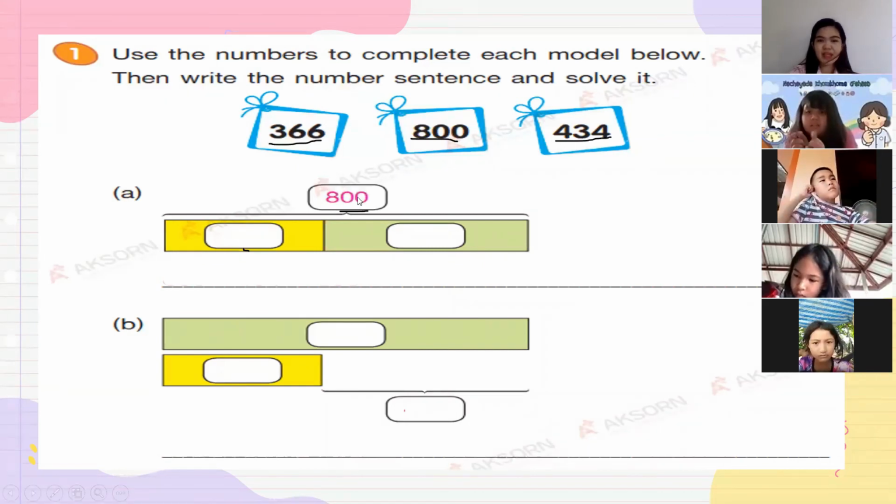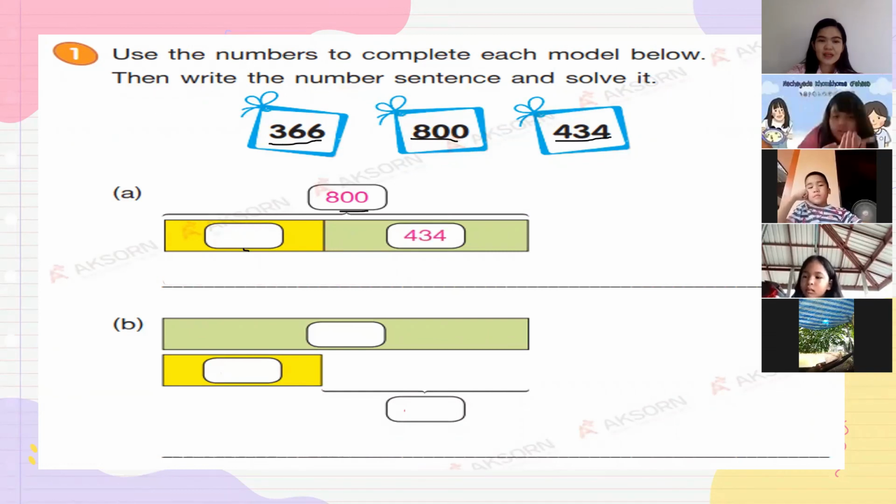Yes, very good. So you put 800 here since 800 is bigger than 434 and 366. So 800 minus 434. The answer is 366. So you will write 366 on the yellow part, okay?